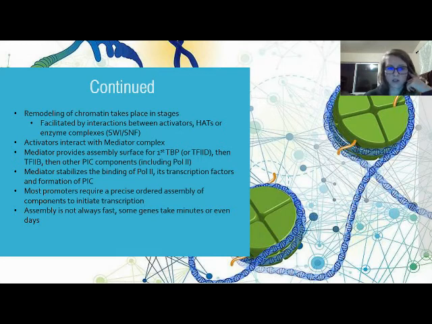The mediator stabilizes the binding of polymerase II and its transcription factors and the formation of the pre-initiation complex. Most promoters require a precise order of assembly to initiate transcription, and this process is not always fast. Sometimes it can take minutes or even days.